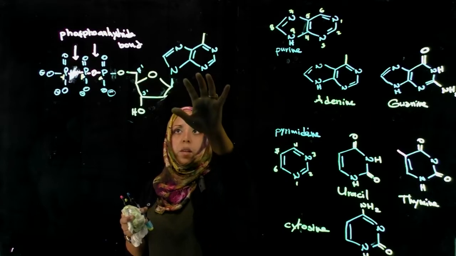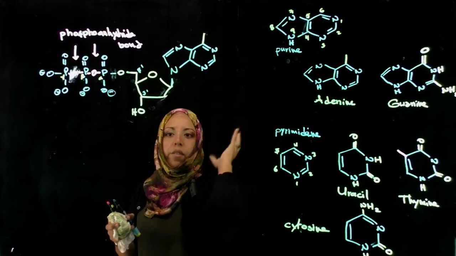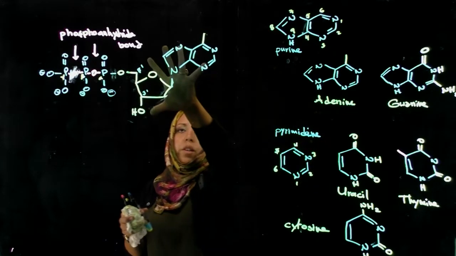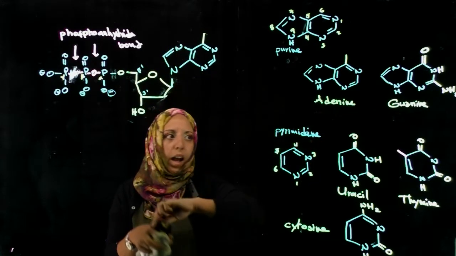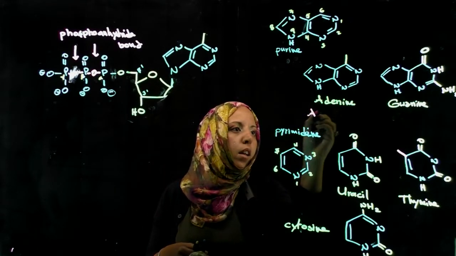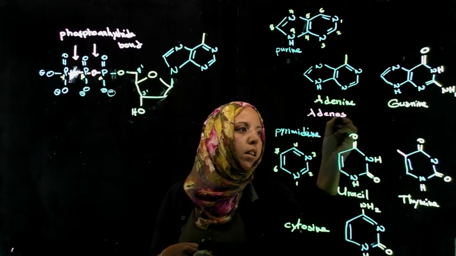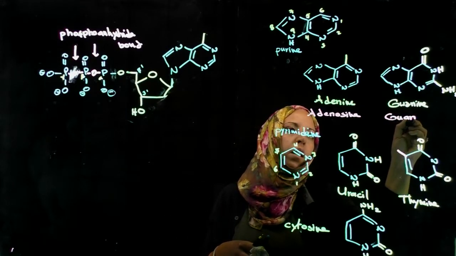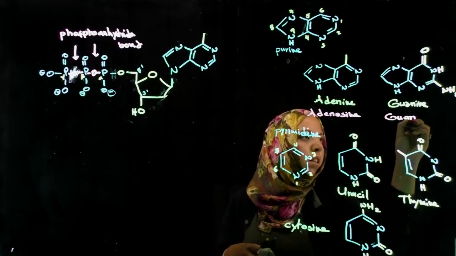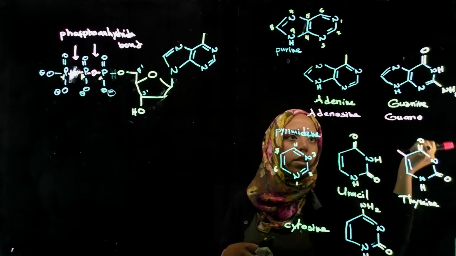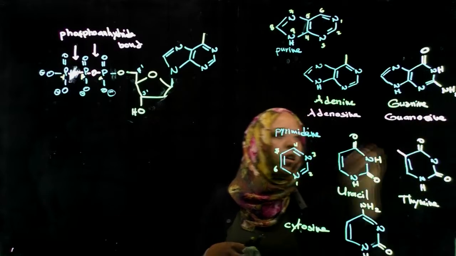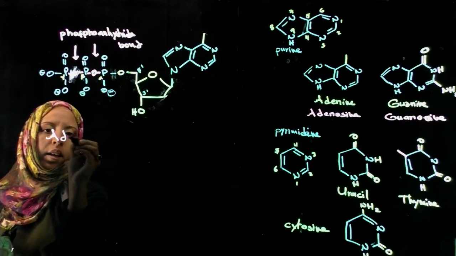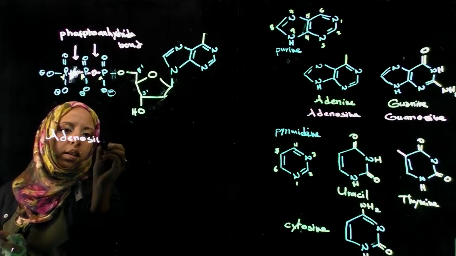So actually, let's talk about the naming for a second. That's an example of a nucleotide. How do we name it? Well, adenine, if it's part of a nucleoside, instead of calling it adenine, we call it adenosine, right? And guanine, guanosine, right? So if we were to name this molecule, we would say adenosine.